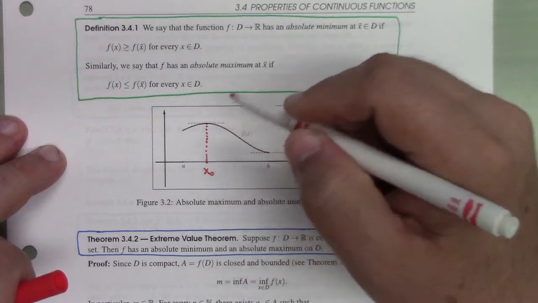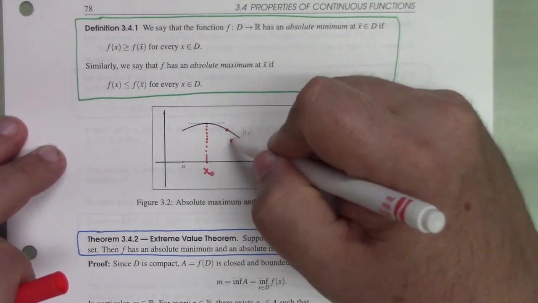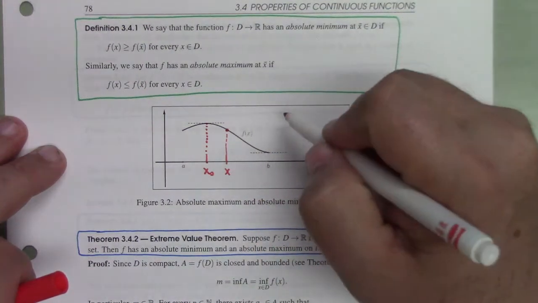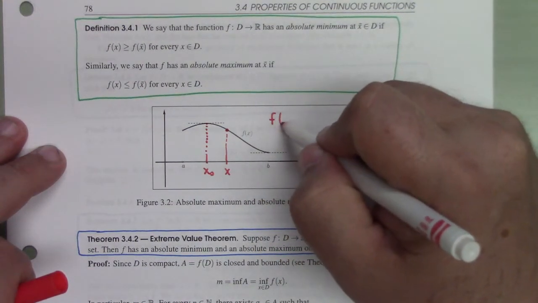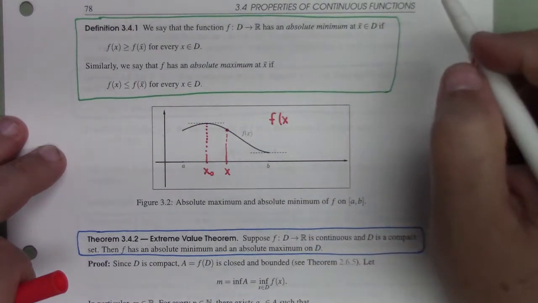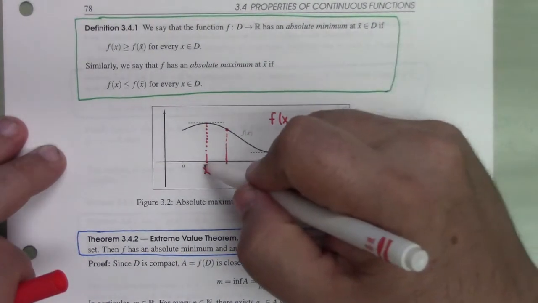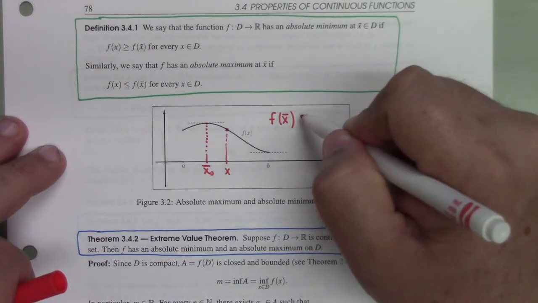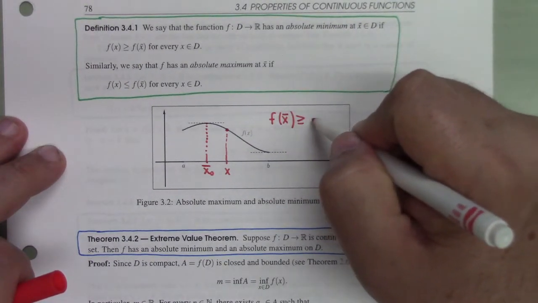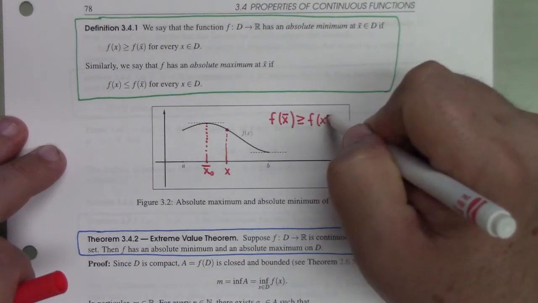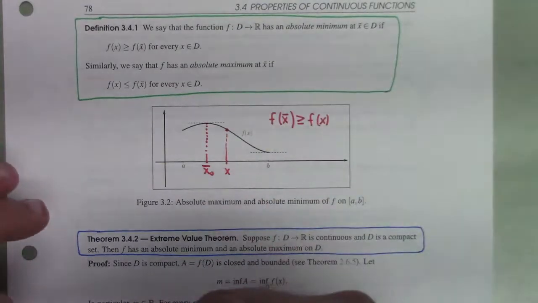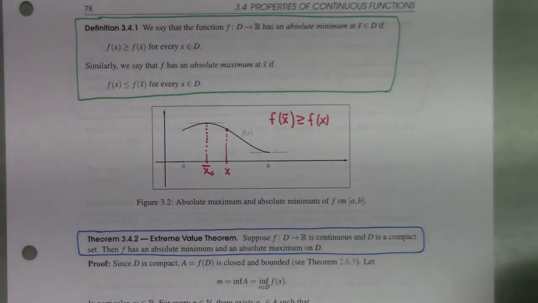So if you pick another thing right here, say that's x, then you have f of x naught. Oh, and I said x naught. He's used x bar instead of x naught. My bad, x bar. You have f of x bar is greater than or equal to f of x. In fact, that's true for any x you can draw in there, right? So that makes that x bar the place where there's an absolute maximum, right?